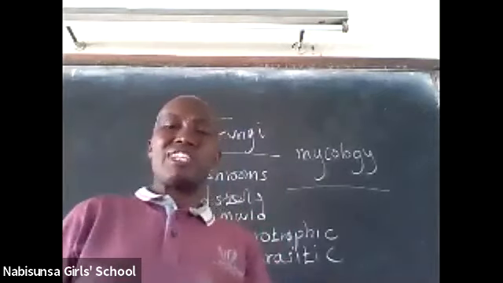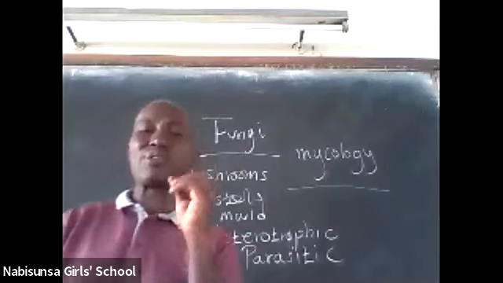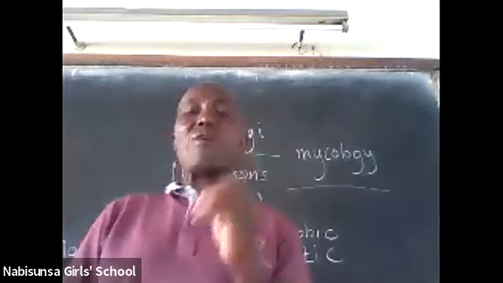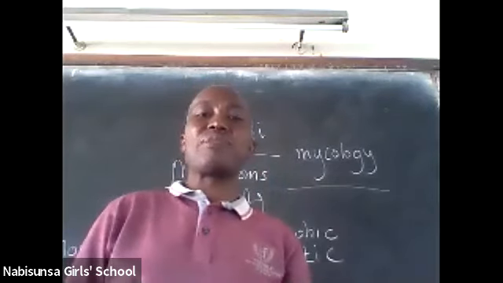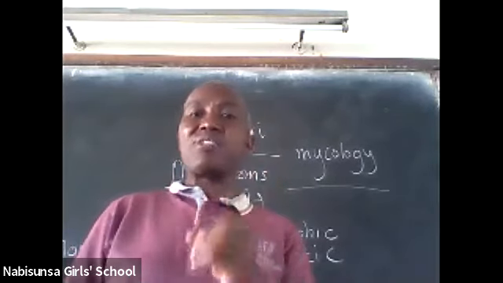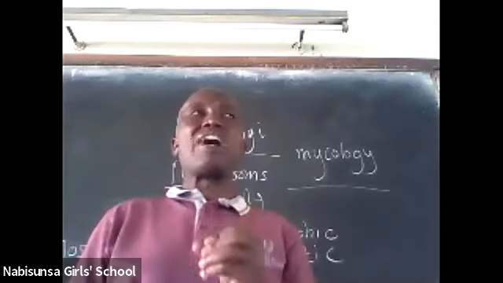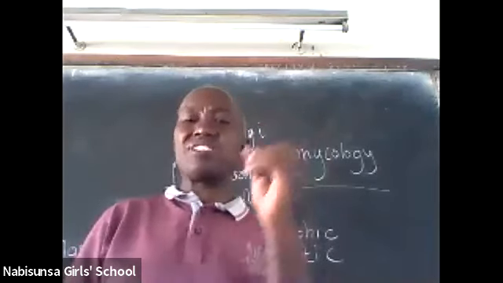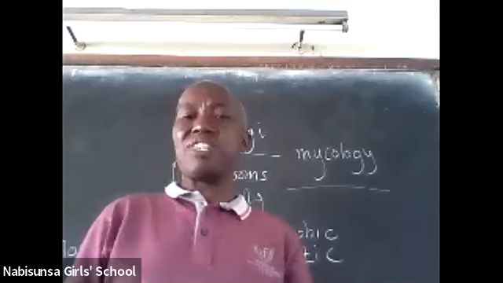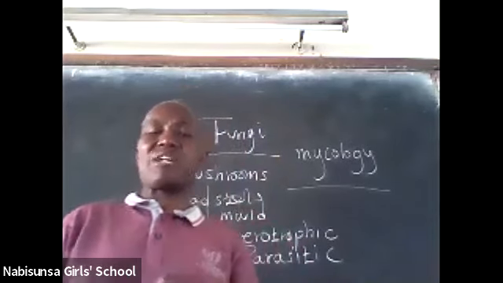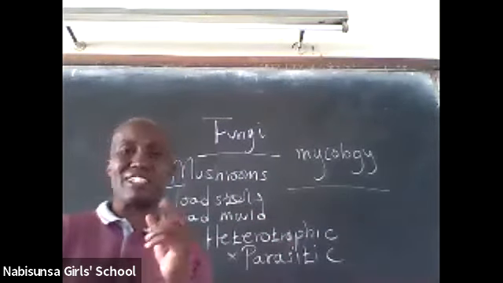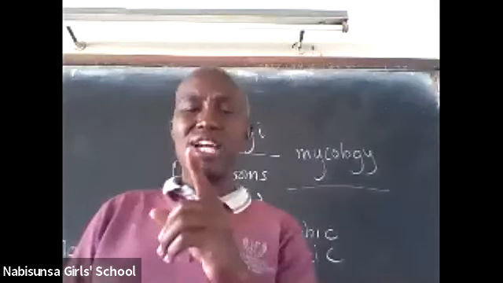For example, there are fungi that get into contact with our skin, our body, and we end up getting some diseases. I believe you've heard of things like fungal infections, fungal diseases. I believe you may have heard of something called athlete's foot.